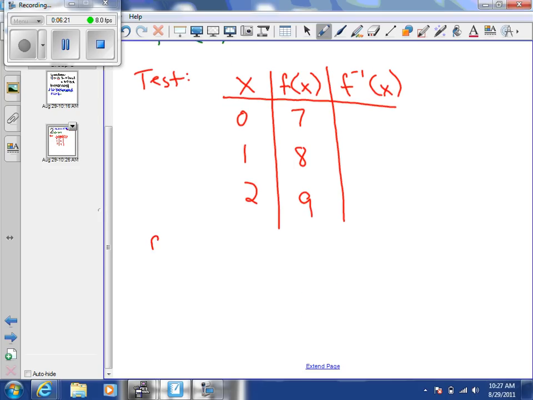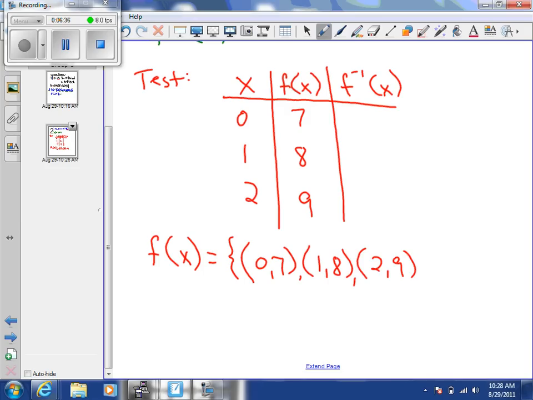So for the function f, I can think of it as the set of ordered pairs (0, 7), (1, 8), and (2, 9). In the previous definition, I told you that the coordinates should basically reverse themselves.